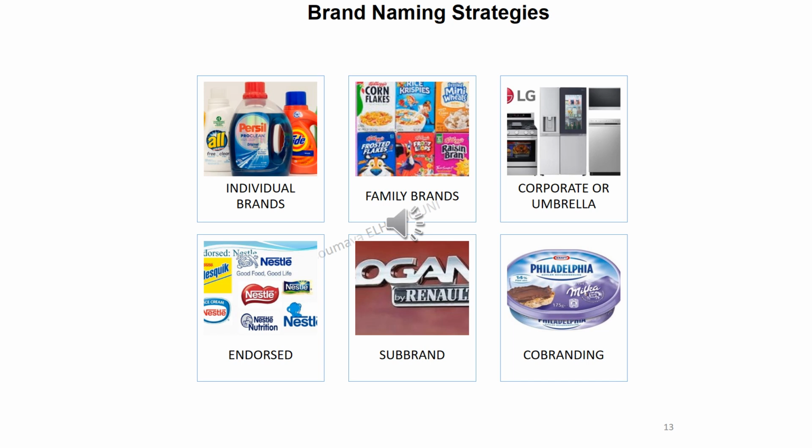Unlike a family brand, where you have one product related to a family, Dacia is much more a product line because you have a lot of brands within Dacia.